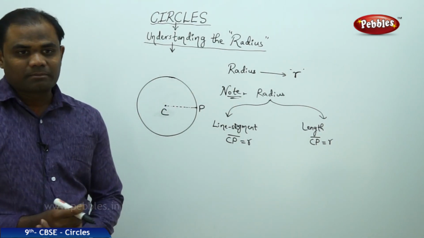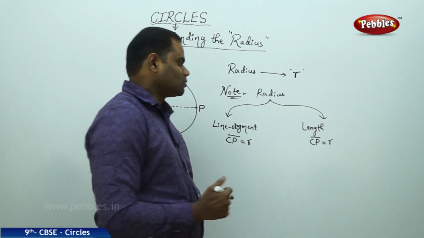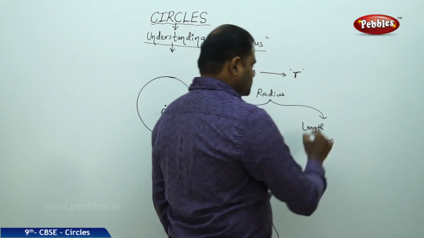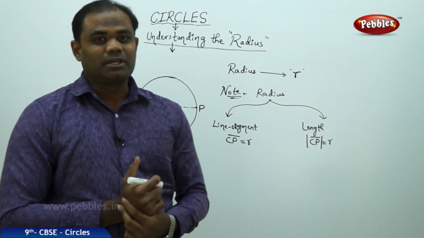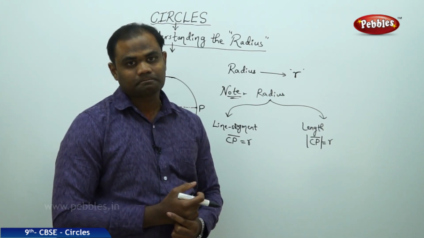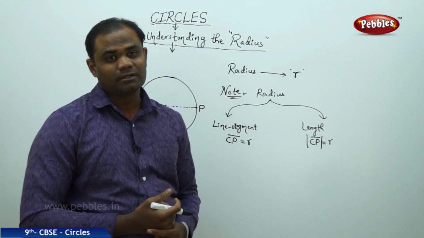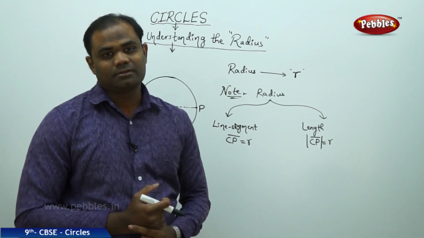So the two ways of representing radius: one is through the line segment CP, which is r, and one is through the length, which is mod CP, equal to r. Both mean the same, and radius is generally denoted by r.